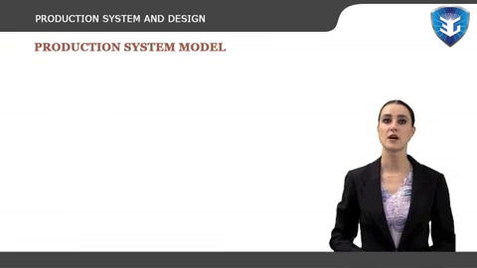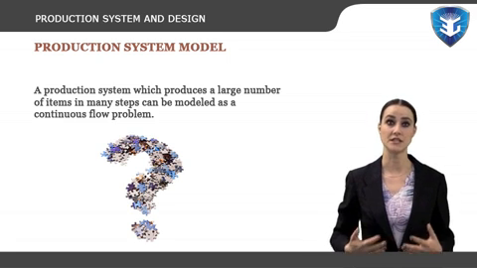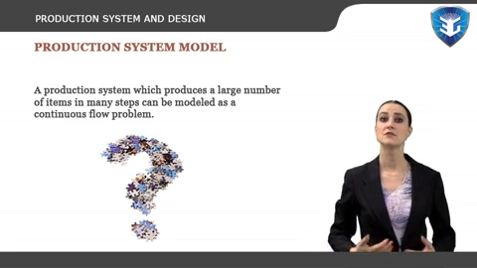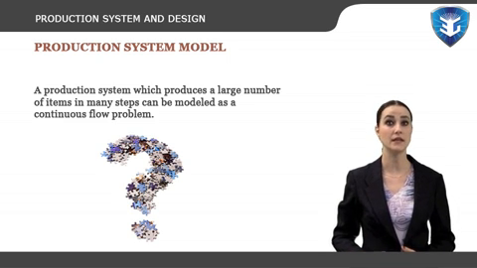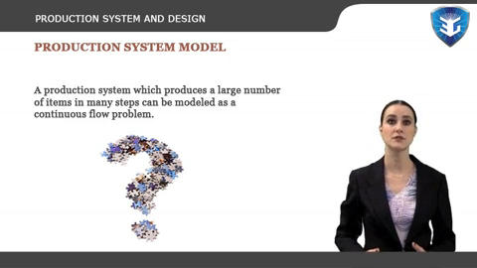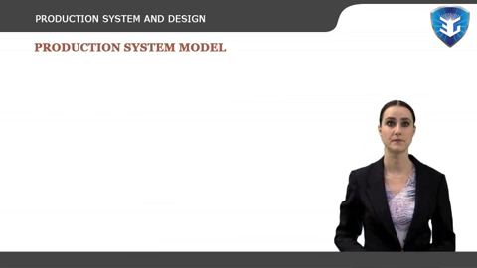Let's learn about the production system model. A production system which produces a large number of items in many steps can be modeled as a continuous flow problem. The resulting hyperbolic partial differential equation, PDE, typically is nonlinear and non-local, modeling a factory whose cycle time depends nonlinearly on the work in progress.